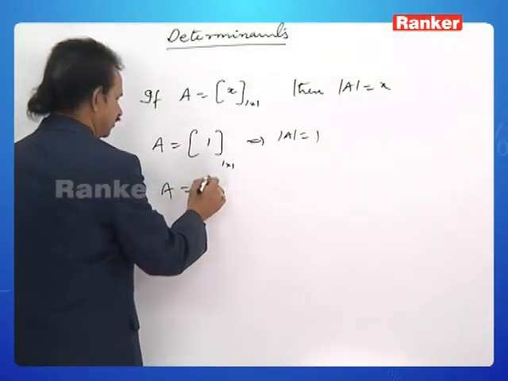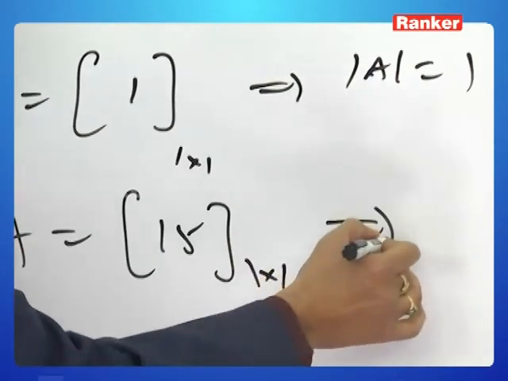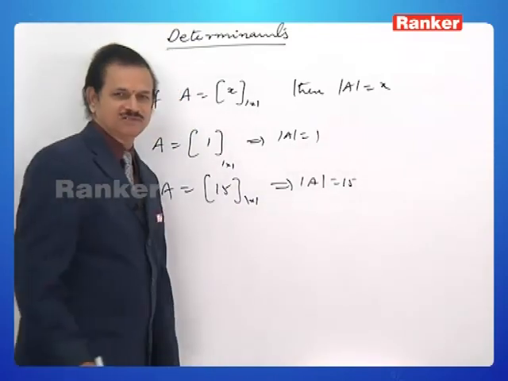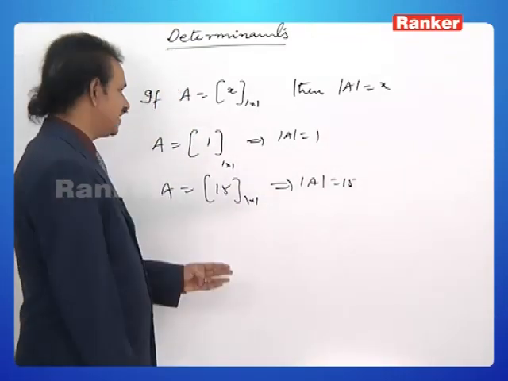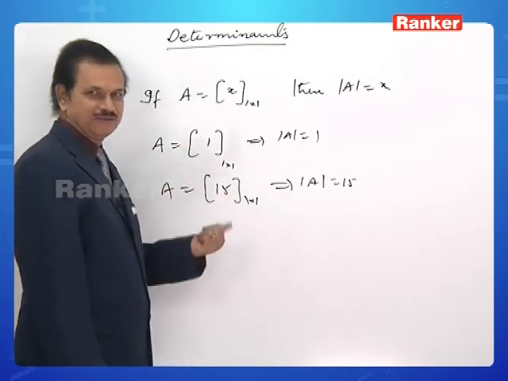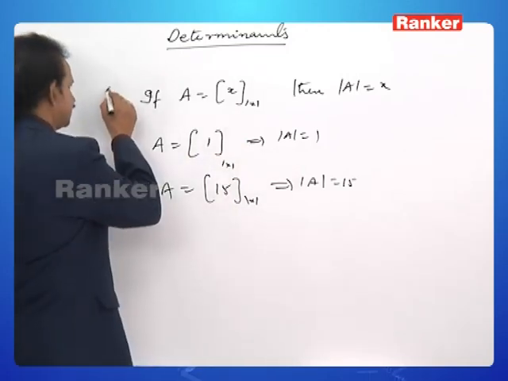If A is equal to 15, 1 by 1, then det A is 15. So there is no question of any separate procedure to find the determinant of a matrix of this form. We just take the element present in it. That gives you the determinant. This is the first case.